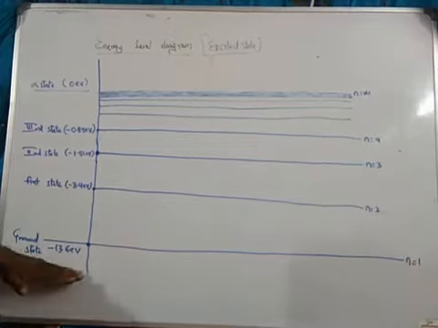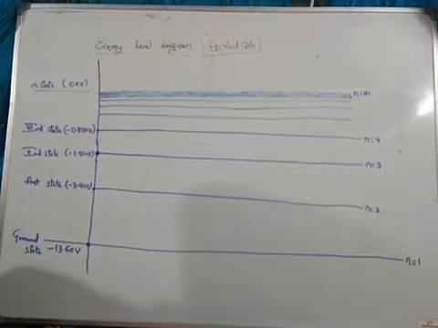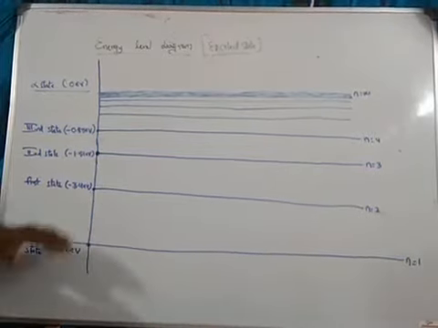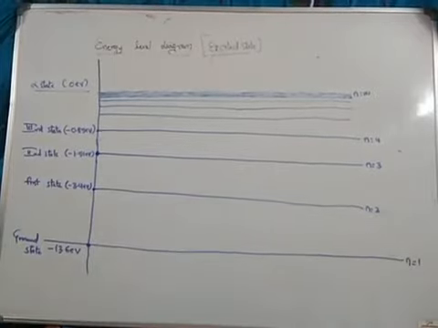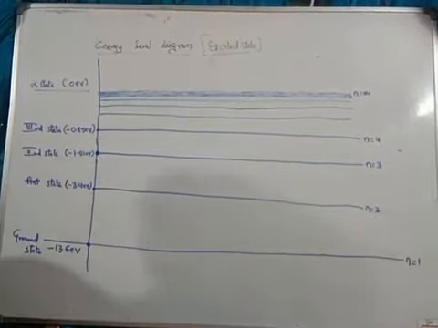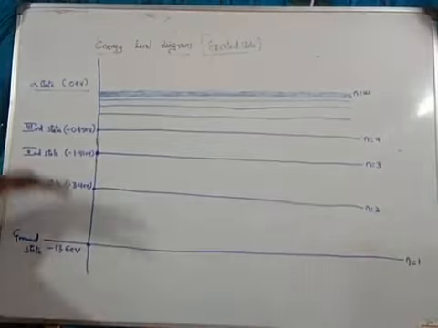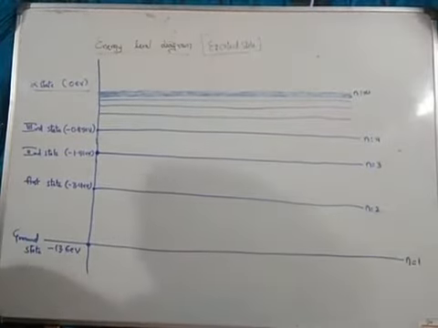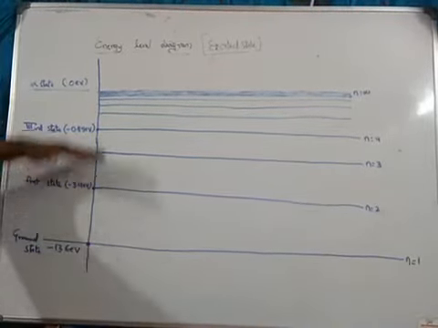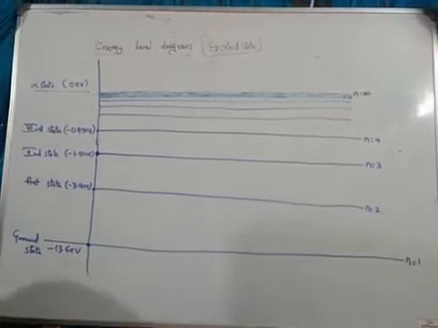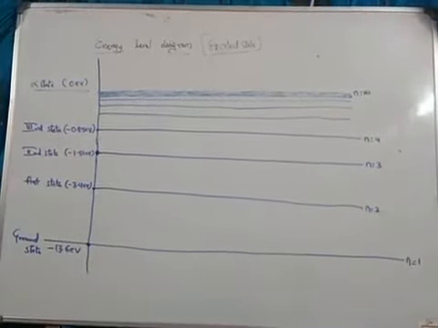The ground state has an energy level of minus 13.6 electron volt. The first state has minus 3.4 electron volt. The second state, minus 1.51 electron volt. The third state, minus 0.85 electron volt. And at infinity we have 0 electron volt, where the electron is free from the nucleus.